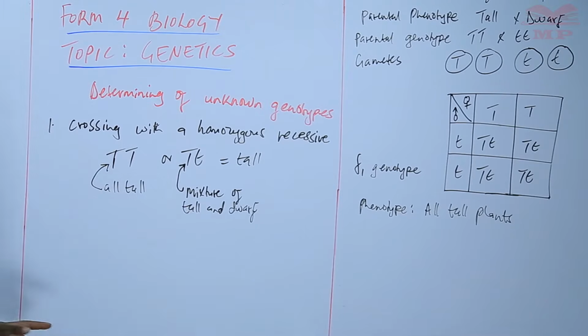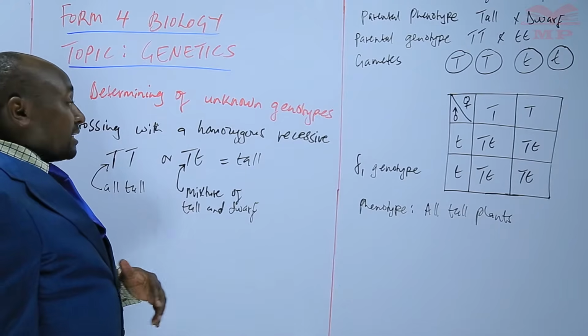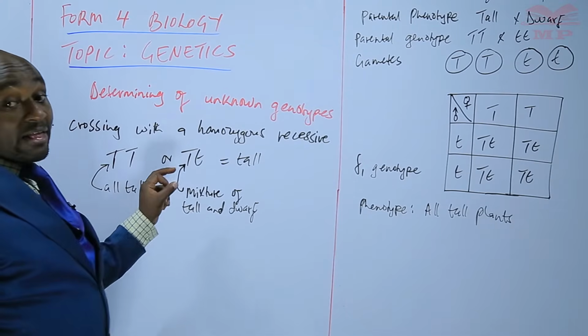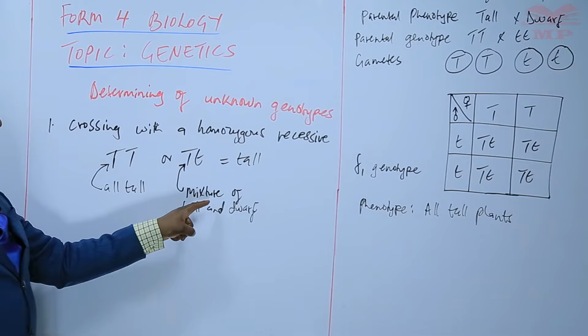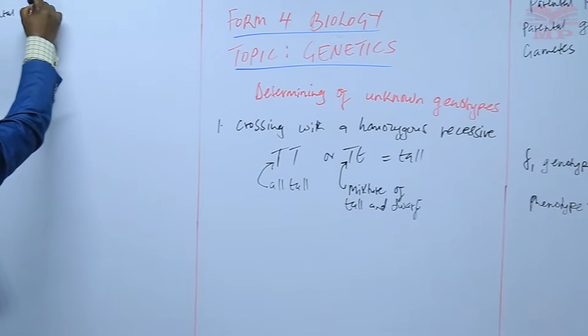Now, if we assume the second scenario, that it was tall but in a heterozygous state, then we are going to get a mixture of tall and dwarf, as we can see. We'll again start with the parental phenotype.